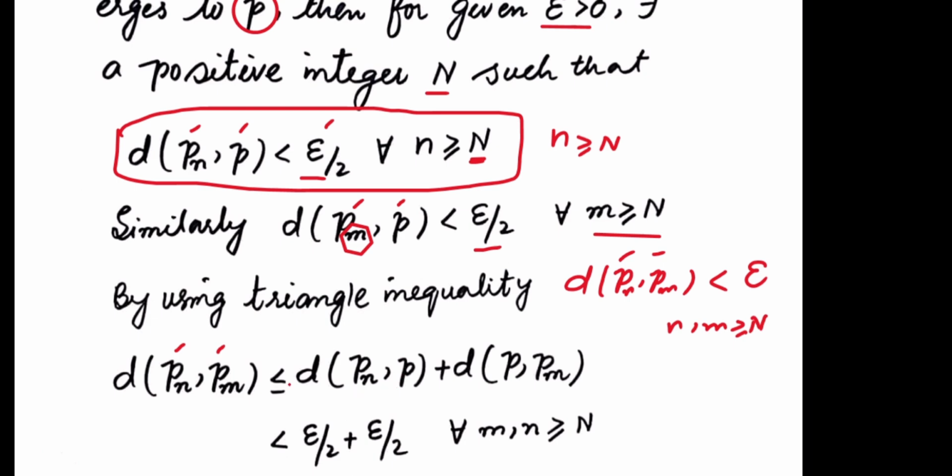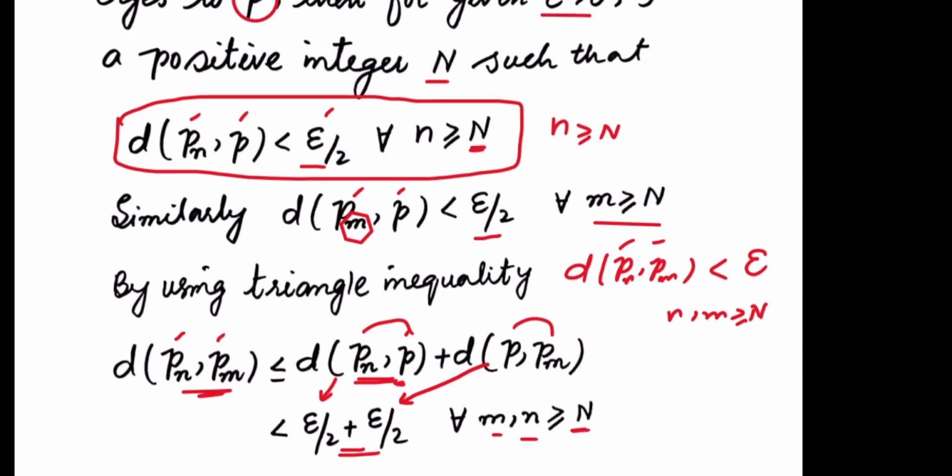By inserting the point P between these two, we have the distance of Pn from P and of Pm from P. Both of these distances are less than epsilon by 2. So replace each by epsilon by 2, whenever m and n are greater than or equal to N. This sum is equal to epsilon. So this shows that Pn is a Cauchy sequence. This is very simple and easy.